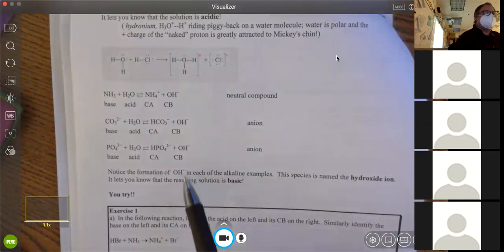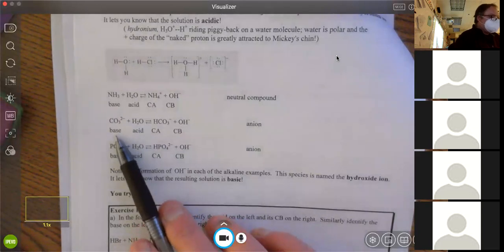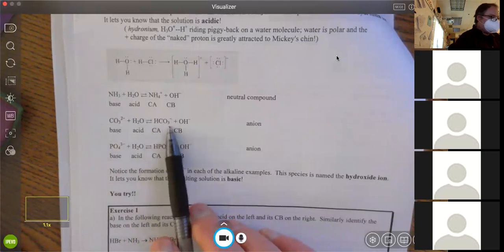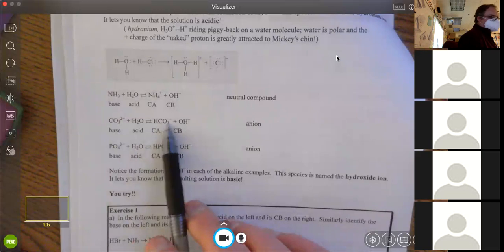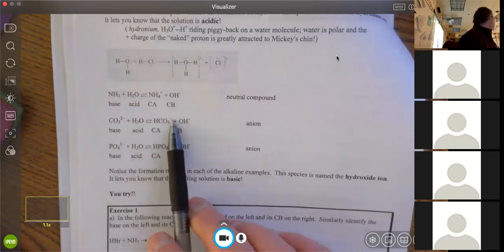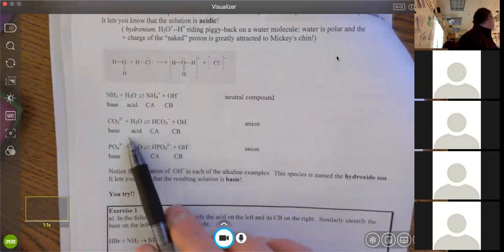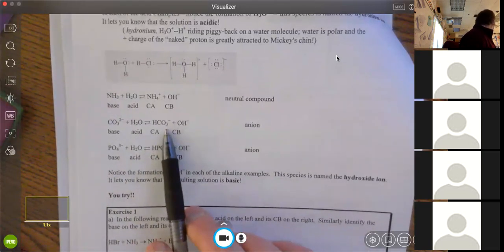Let's look at this. Here we have a CO3 2 negative. It is accepting, so this is the conjugate acid of it. Since it has this negative right here, that means it could do what again? This HCO3 negative could also, instead of acting as an acid, accept again, because it still has that negative.